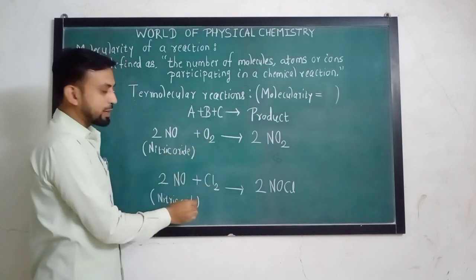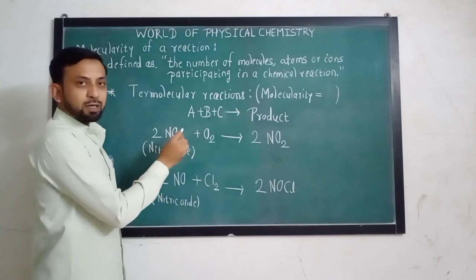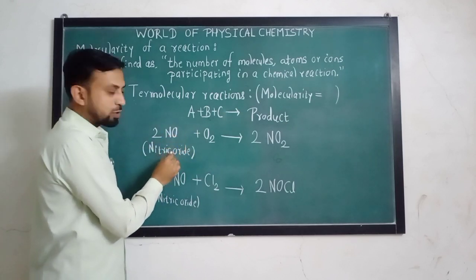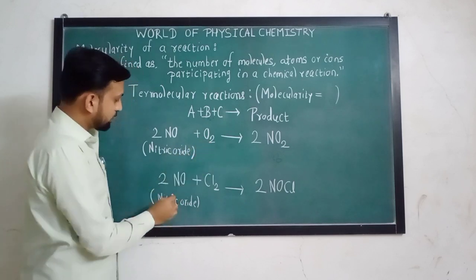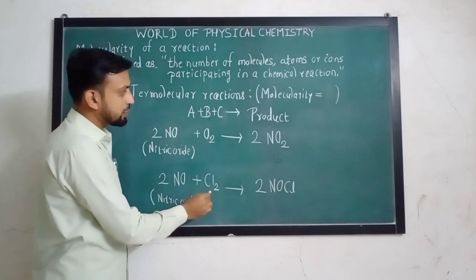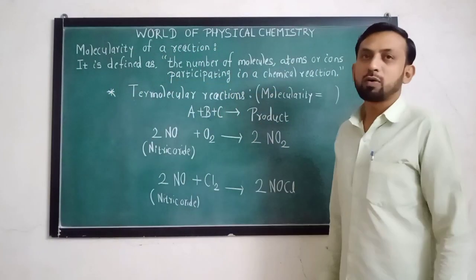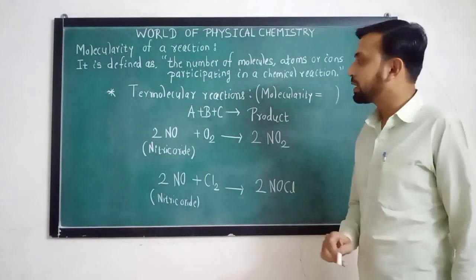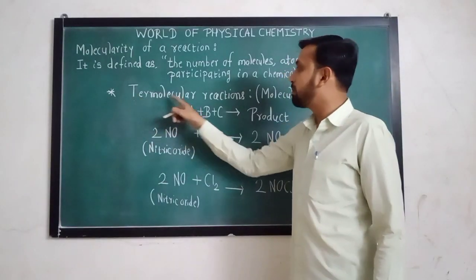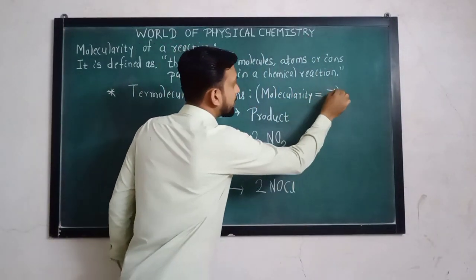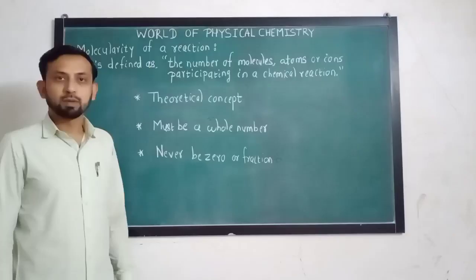That is, in both particular examples, 3 reactant molecules are involved: 2 for nitric oxide and 1 for oxygen, and here 2 for nitric oxide and 1 for Cl2. Therefore, in this reaction, a total of 3 reactant molecules are involved, and such reactions are called termolecular reactions, and for such a reaction the molecularity is 3.